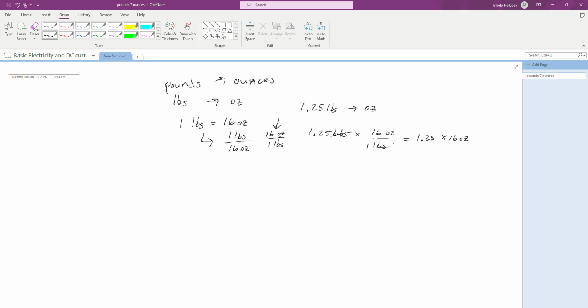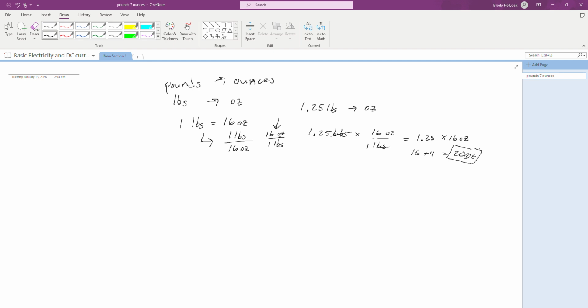When I do that calculation, 16 is 1, 25 is a quarter, so we have 4. So we end up with 16 plus 4 ounces, which gives me 20 ounces. OZ. So there's my basic conversion.